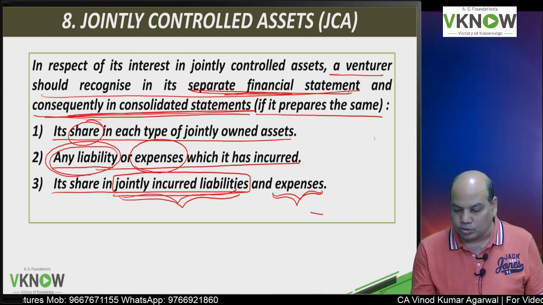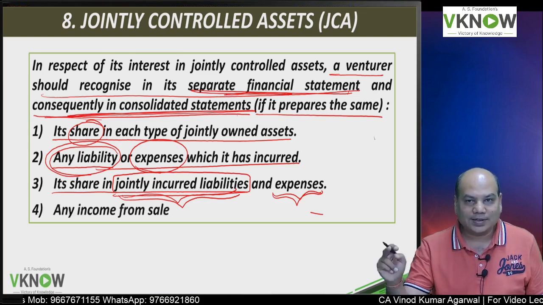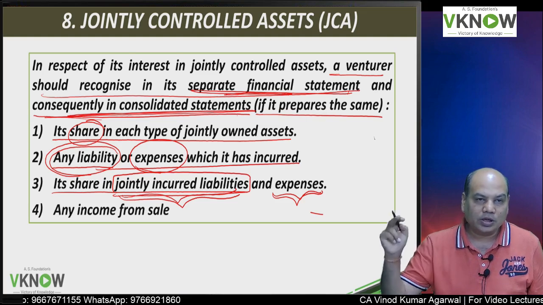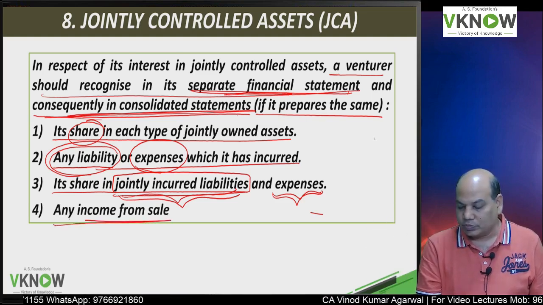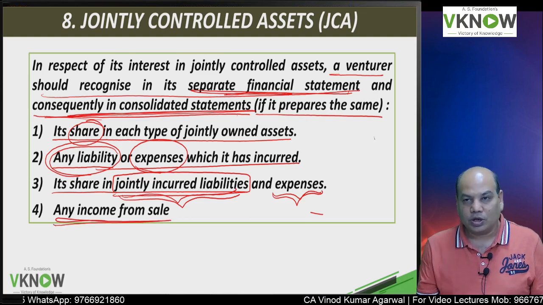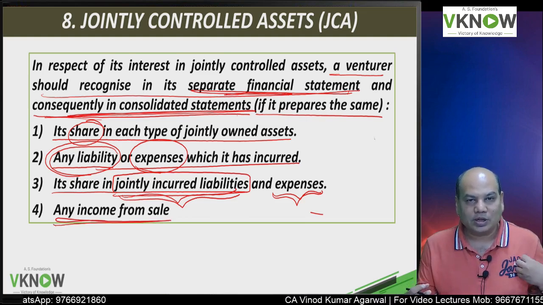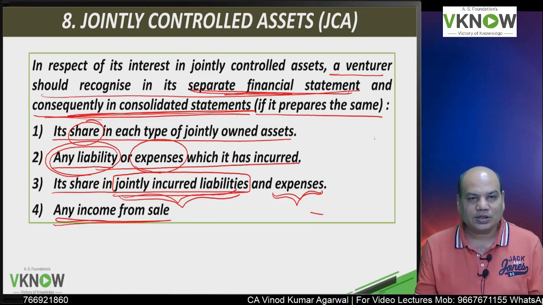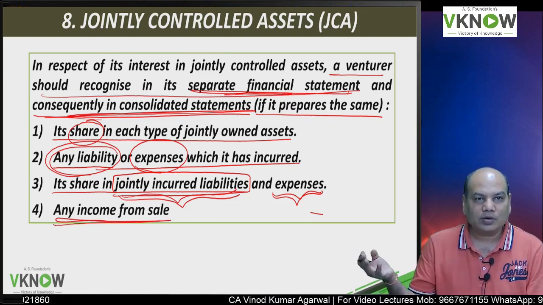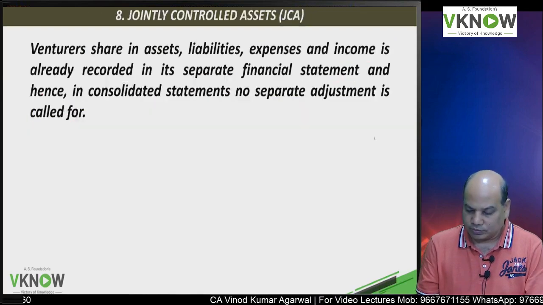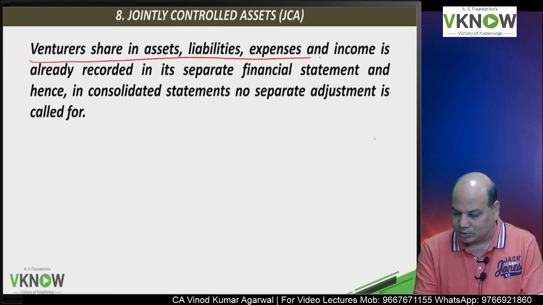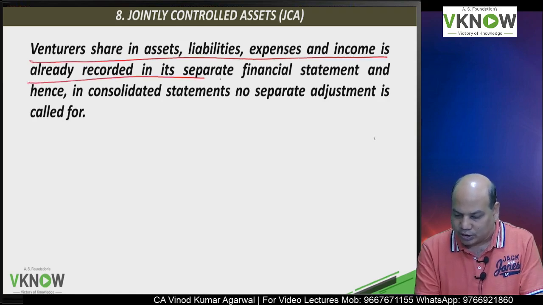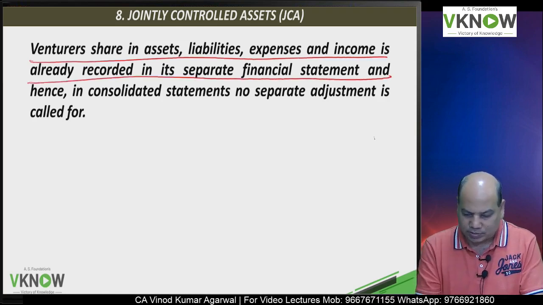So in your own book you record your share of asset, your share in liability, your share in income, your share in expense, your share in output, and whatever assets and liabilities you own directly will of course come in your books. The venturer's share in asset, liability, expense and income is already recorded in the separate financial statement.